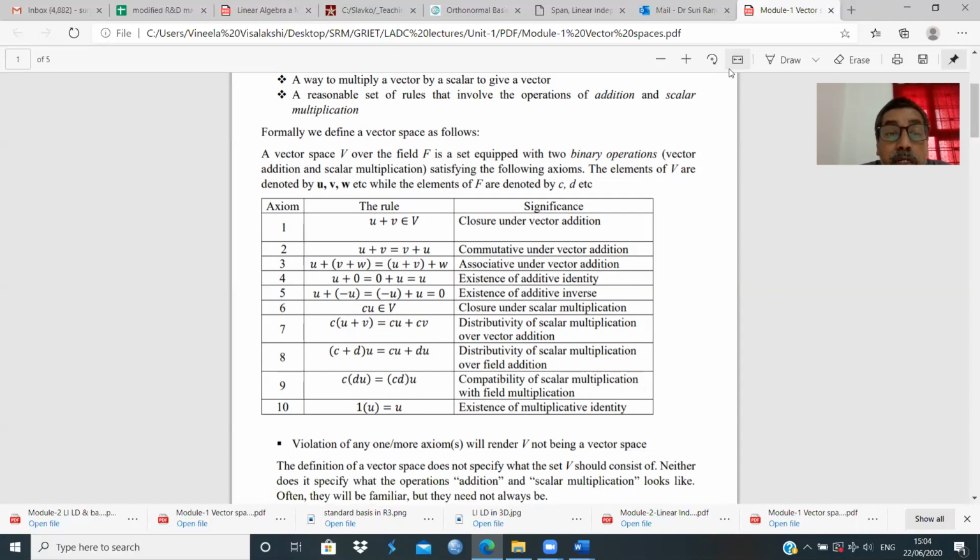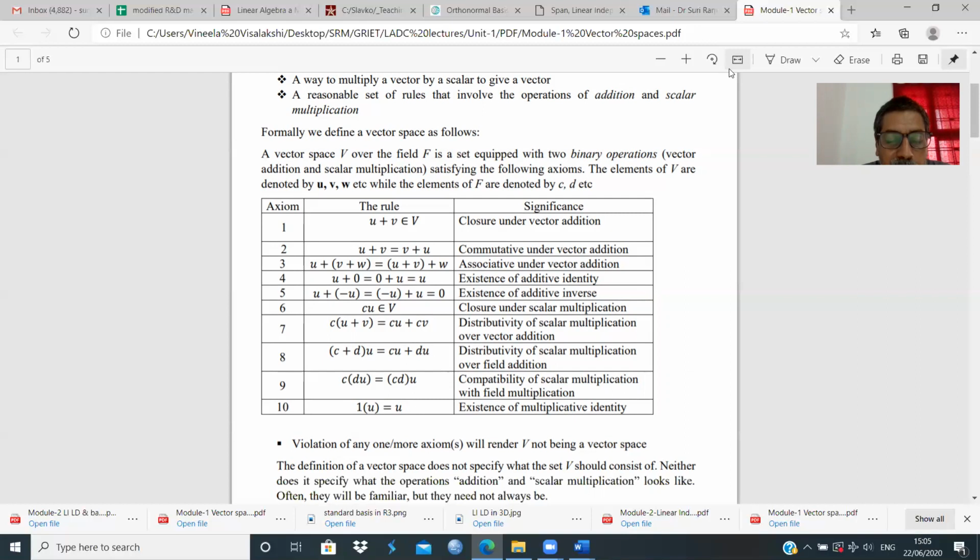The other axioms: 2 is commutativity under addition, 3 is associativity under addition, and then existence of the identity element, the additive identity element that is denoted by 0, and existence of the additive inverse denoted by minus u. It's only a symbolic representation.